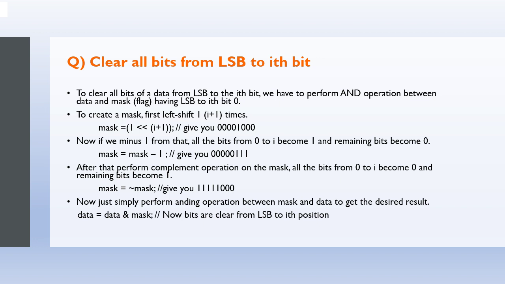Now just simply perform the ANDing operation here, data equal to data AND mask. Now the bits are cleared. So from LSB to the ith position, suppose this is the pictorial representation. Earlier we did the clearing from MSB to the ith position.